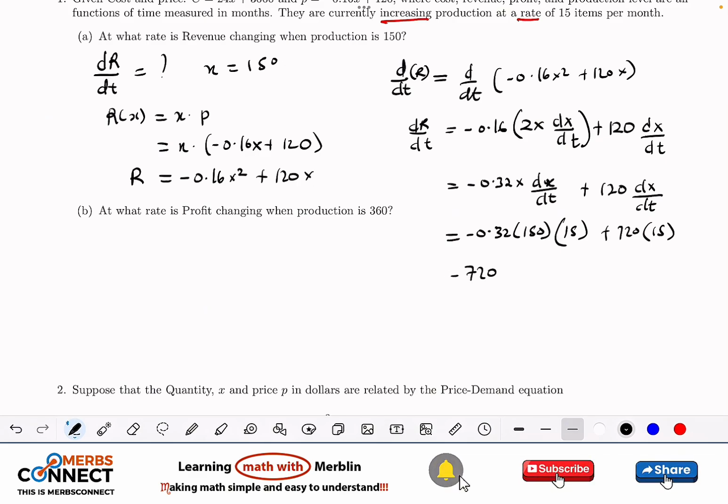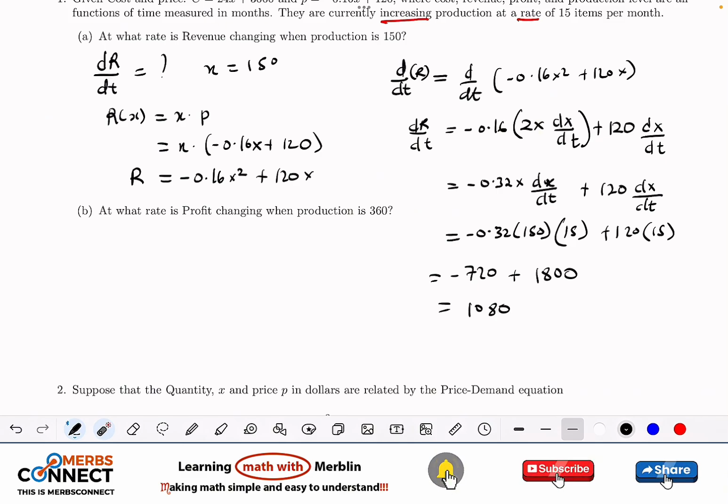So it will be negative 720 plus 120 times 15, which is going to give us 1800. Then when I do the subtraction, I'm going to have this. So this will be the result for the first question that we were trying to solve.